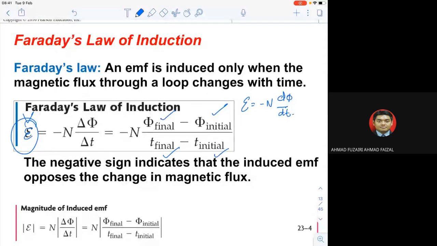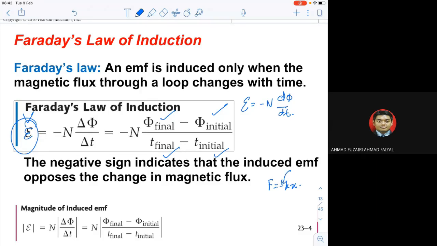Final minus initial. And what happened to the negative sign? The negative sign indicates that the induced EMF opposes the change in the magnetic flux. It's equivalent to what we used in F equals negative kx.